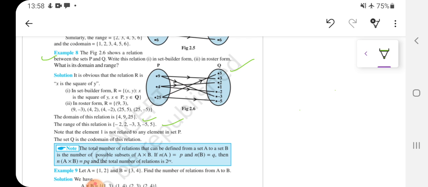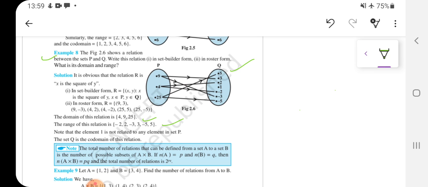Now go to 4 also, because that relation will also be true for 4 as well, because that relation is holding for all the elements of P and Q, right? Plus minus under root of 4 will be 2 with plus sign as well as negative sign. So 4 is linked to 2 as well and -2 as well. As you can see, 25 is linked to 5 as well and -5 as well.